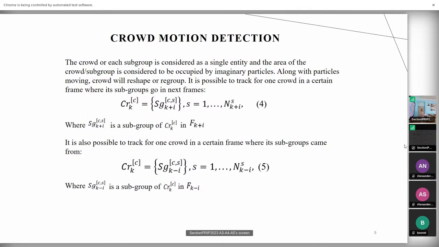It's possible to track, for one crowd in the frame, where the subgroups with their particles go in the next frame, or vice versa, where the subgroups with particles come from.